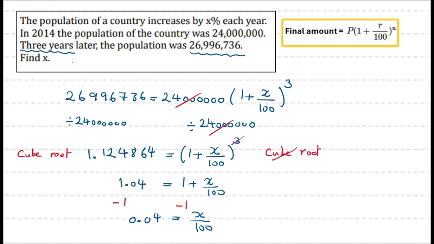And finally, we multiply both sides by 100, and we get 4 equals X. So that means that X is 4%. Or actually, let's write it as a percent. X is 4%.